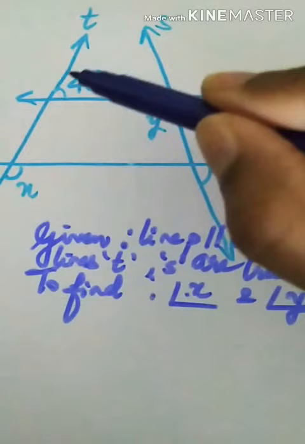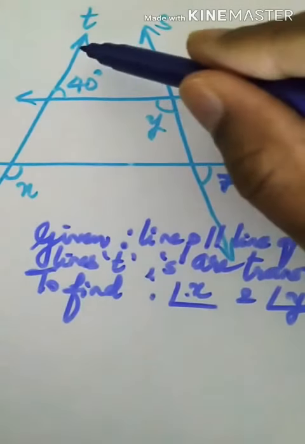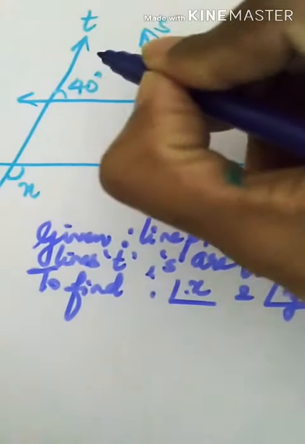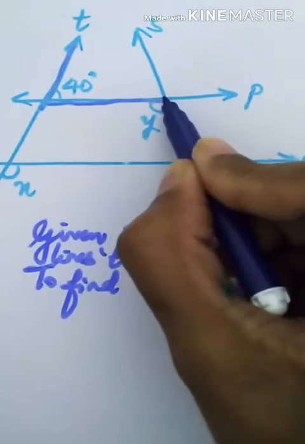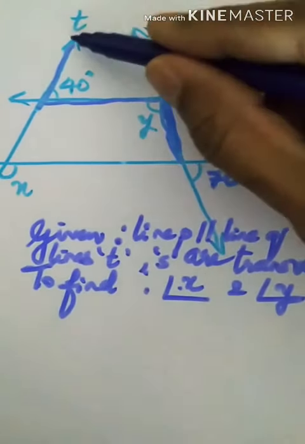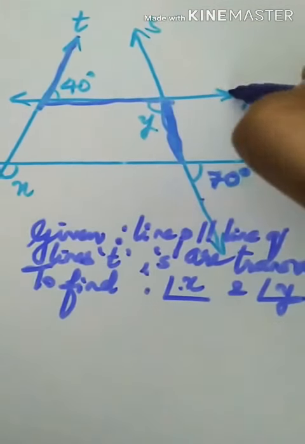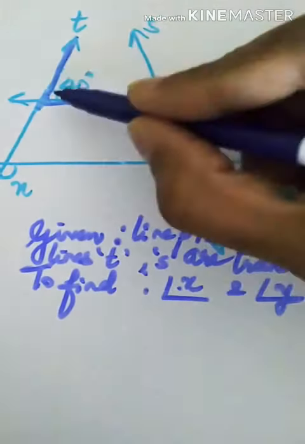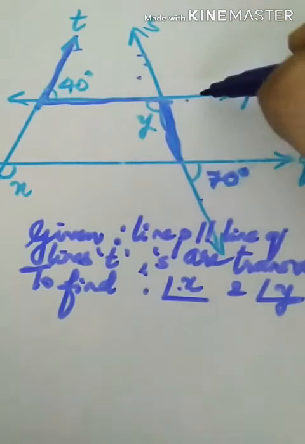Thinking of taking angle 40 and angle y, just because they make a Z shape, we are wrong. Because this angle 40 and this angle y, they form alternate angles for lines T and S. They are not falling on P and Q. See, this Z is falling on lines T and S. It is falling on these two lines, not on these two lines.